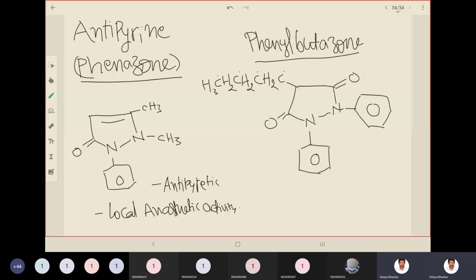Four carbons indicates that it is a butyl. So phenylbutazone: remember there are two phenyls, and butazone, two ones. These are the structural constituents and functional groups involved in the structure of phenylbutazone, and this is how you need to remember it.